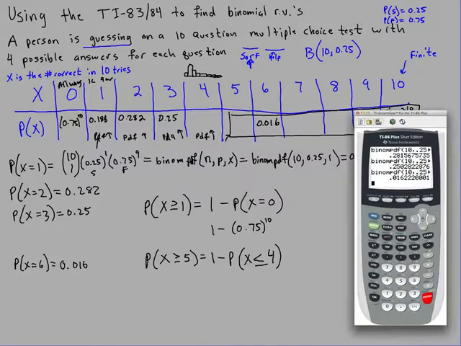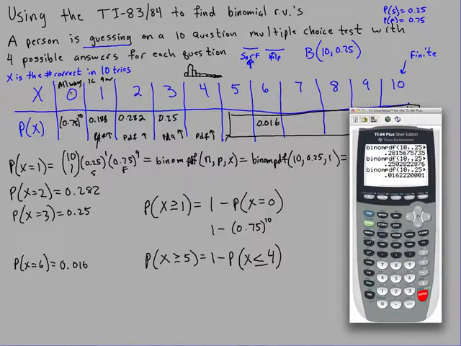The CDF will give you a sum from 0 up to a number. So if I want 5 to 10, you could do 1 minus 0 to 4. So this is going to be 1 minus binom CDF. And it works the same way. You put in n, p, and x.